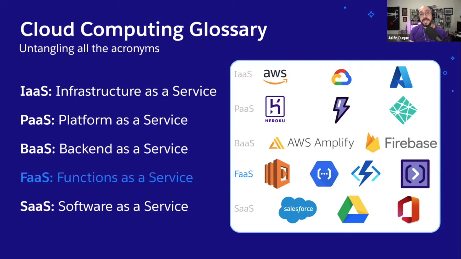Usually, this functions as a service environment is elastic. And remember that I mentioned initially that we are going to be talking about elastic computing and what elastic means. Elastic means that depending on the needs of my application, the service is going to scale or downscale automatically.